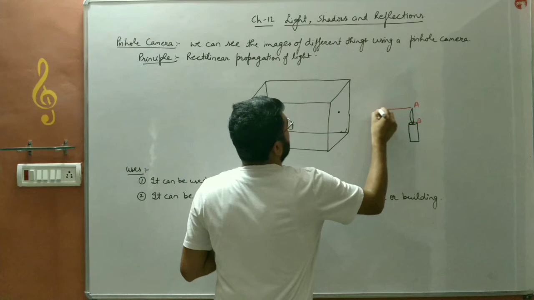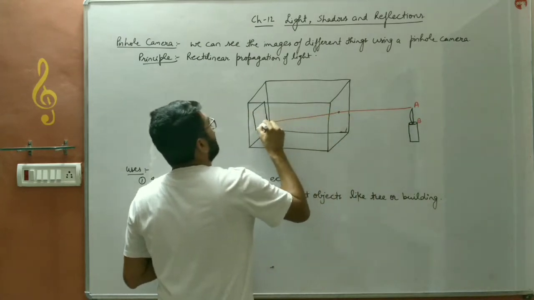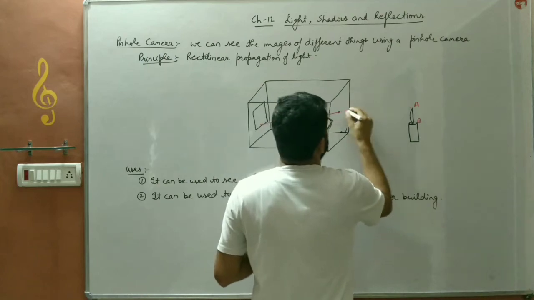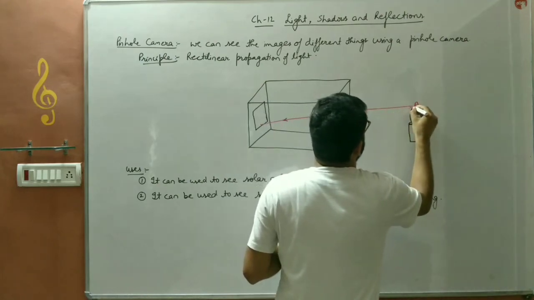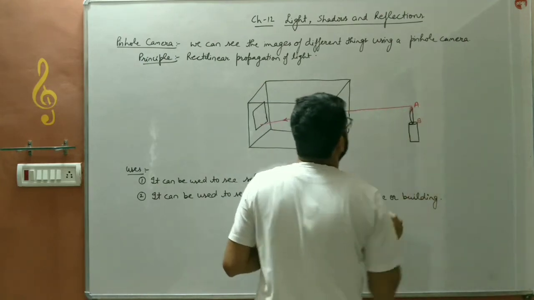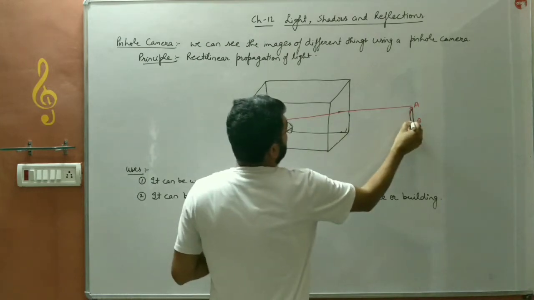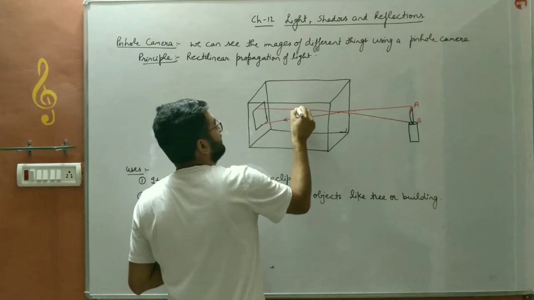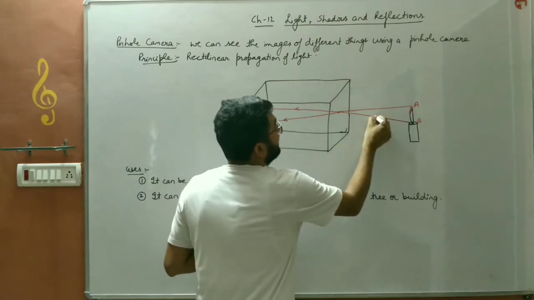The light from A passes straight and falls on this sheet. The light from B passes straight and falls on this sheet. Light always travels in a straight line, bache.